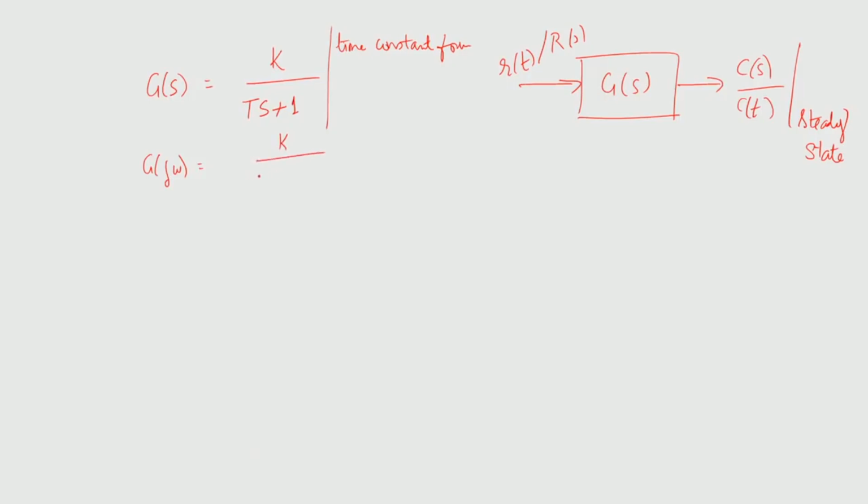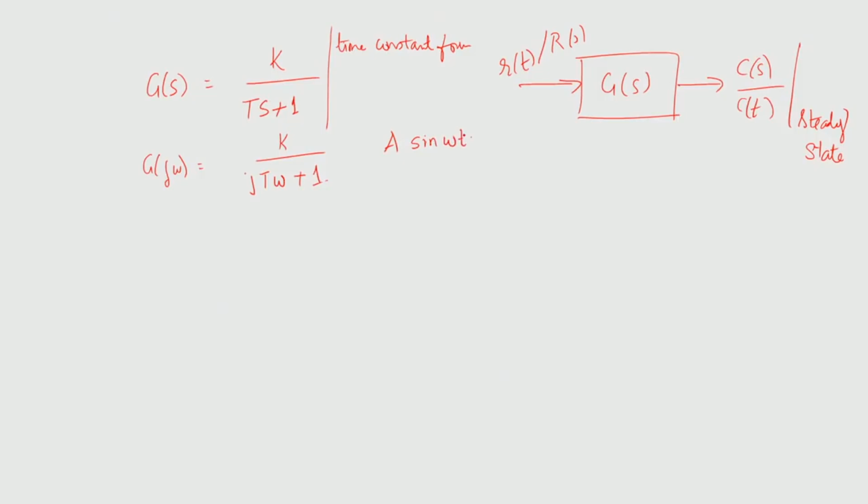This will be k over j T omega plus 1, and let me assume that the input is a sinusoid, a sin omega t.